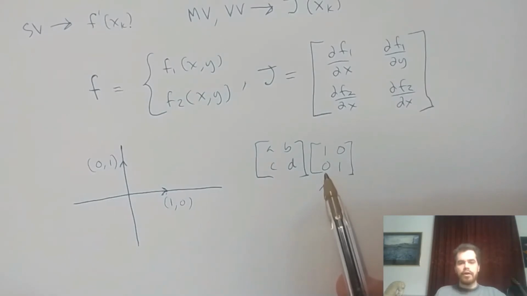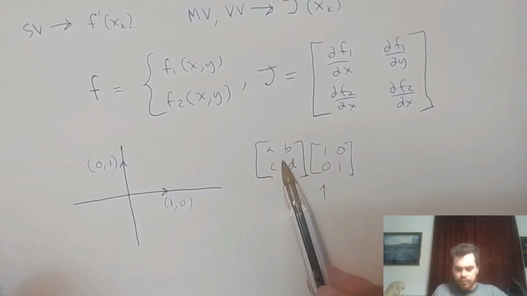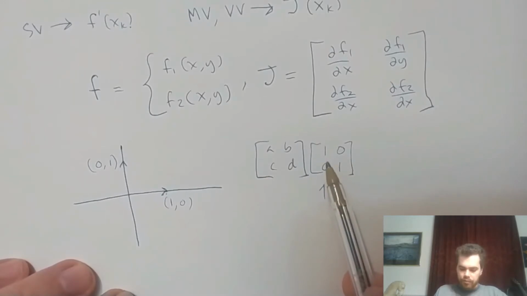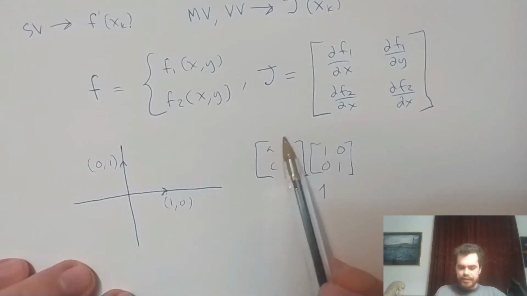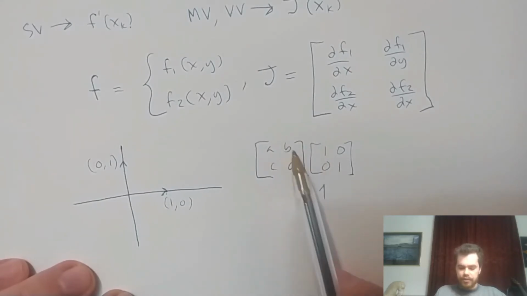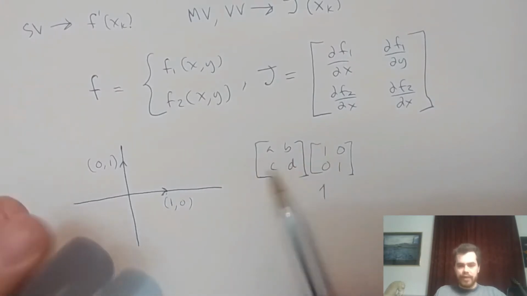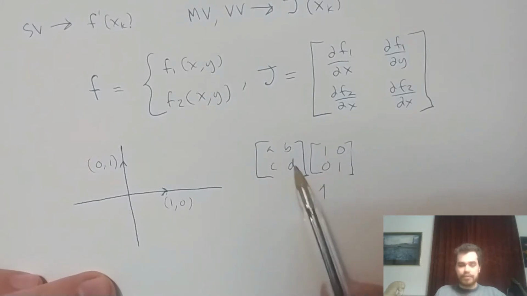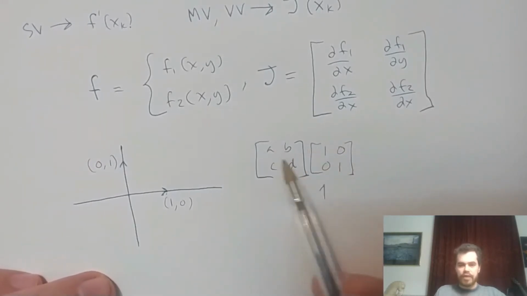If we multiply our unit vectors by some general matrix A, B, C, D, first this column comes up and tips over on its side, and this one interacts with A, this 0 interacts with B. 1 multiplies A, 0 multiplies B. We add them together, we get A. Same thing, 1 times C plus 0 times D. We get A, C out when we multiply this vector times this whole matrix.